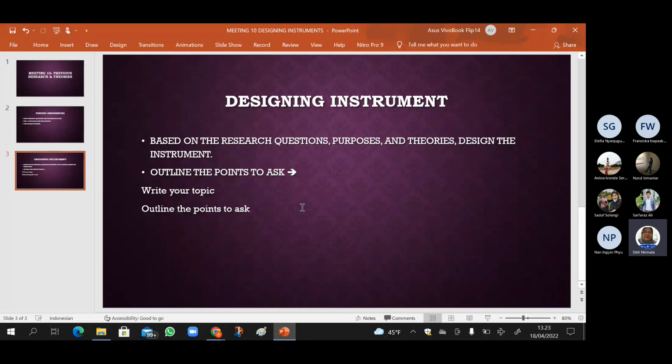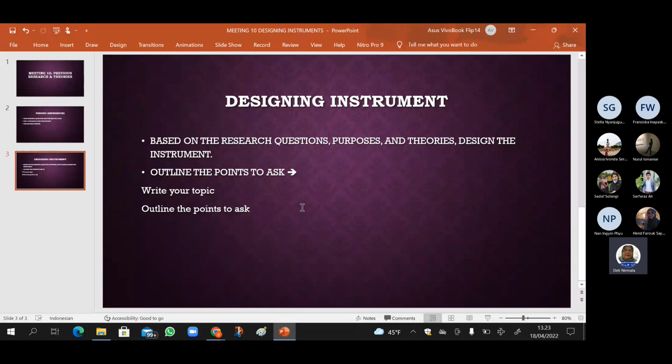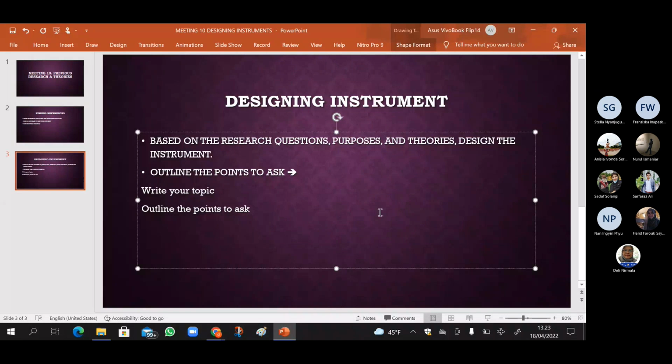So based on the research questions, purposes, and theories, and maybe the previous studies, because previous studies sometimes can give you inspiration, but you cannot copy, you cannot follow what they have done.